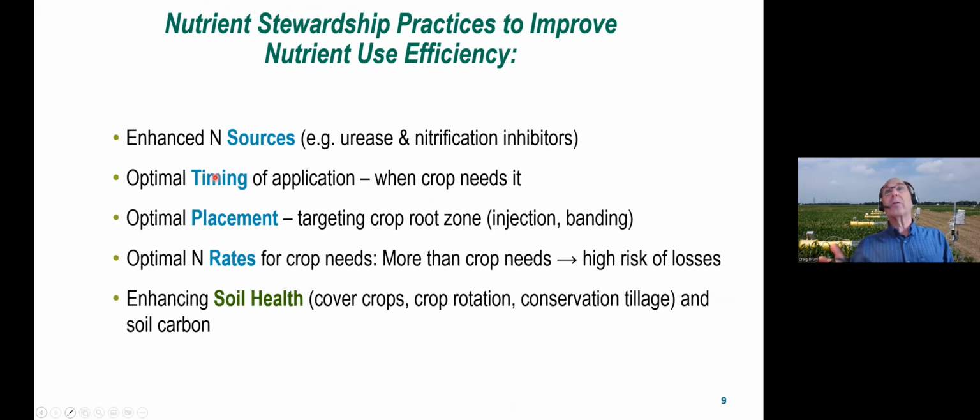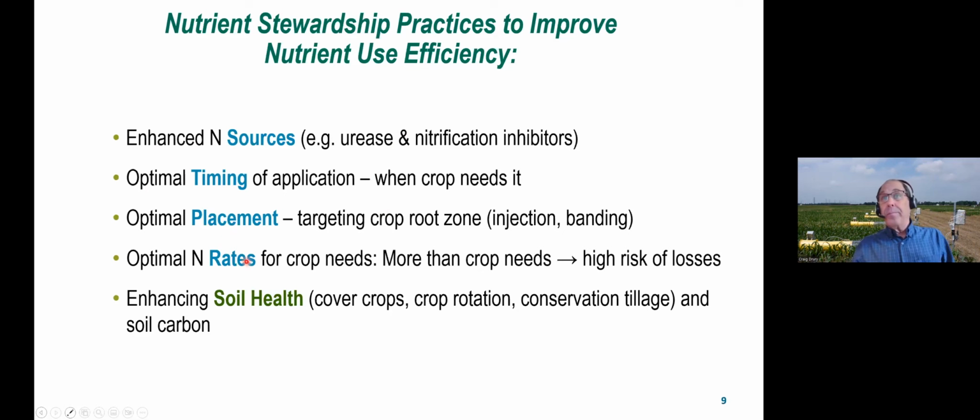If we apply it closer to when the crop needs it, if it's corn, maybe a side dress application instead of all at planting. Where do we place the nitrogen in the soil? Can we target the root zone and reduce the amount of surface losses? And if we get these three things right, then we might be able to ratchet down the rate.